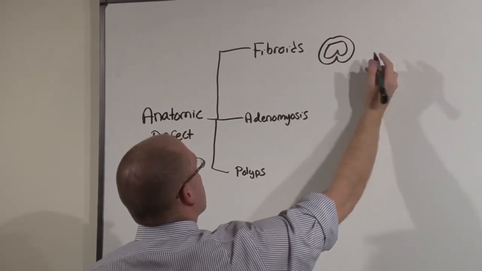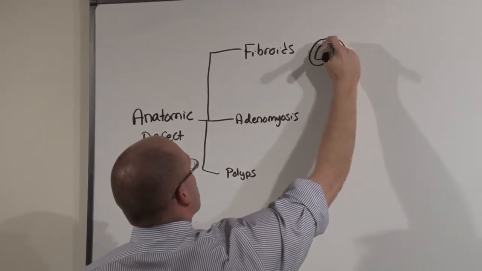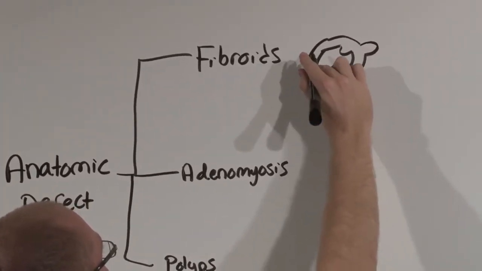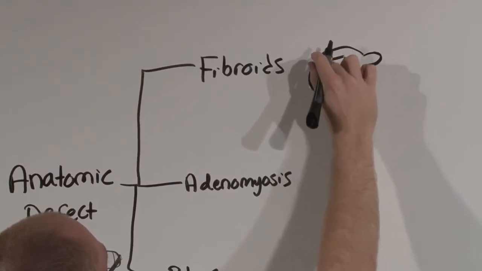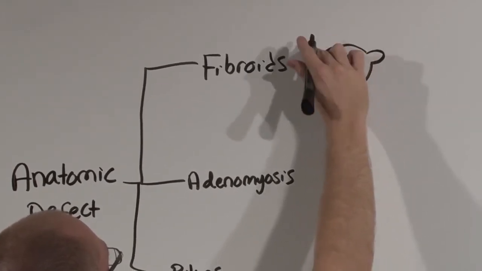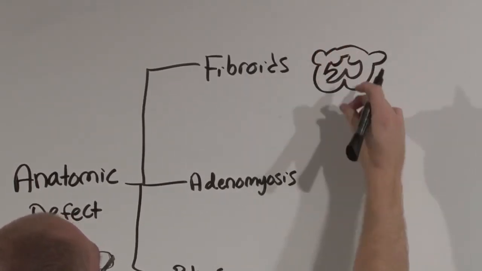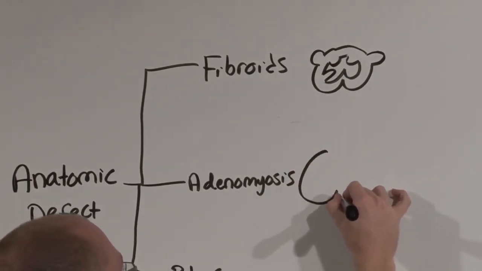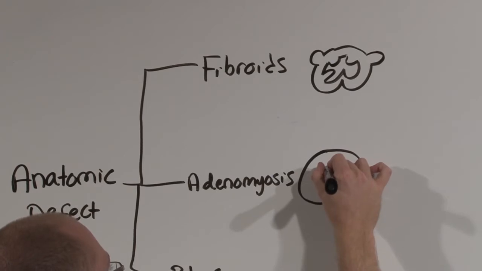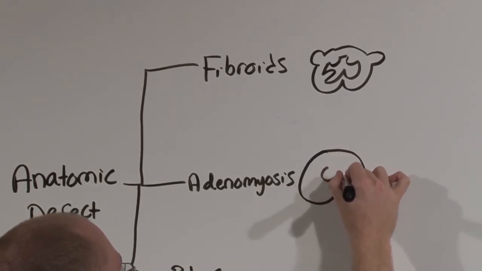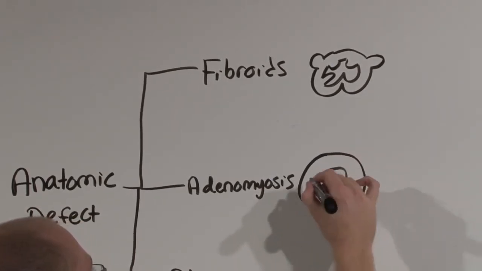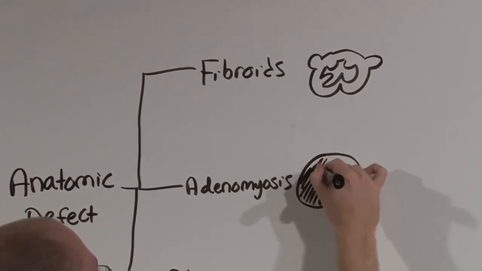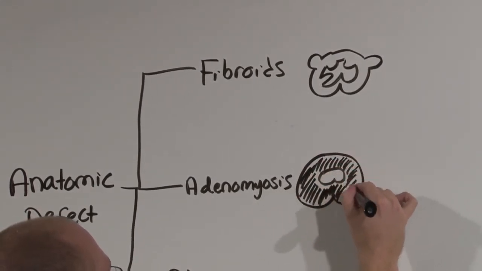To give you an idea of what these are about, the normal uterus sort of looks like this. With fibroids, there's going to be an asymmetric and nodular appearance to the uterus. In adenomyosis, the uterus is normal, but the myometrium is filled in symmetrically, replacing the lumen with a large, thickened uterus.